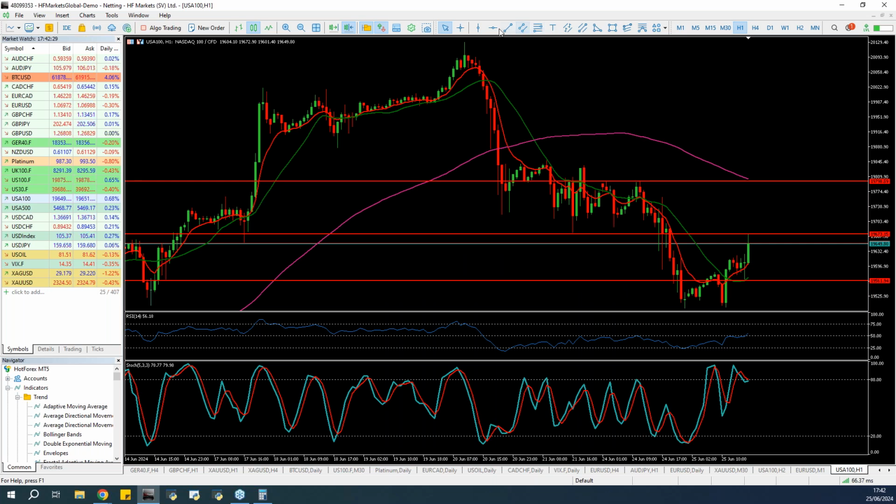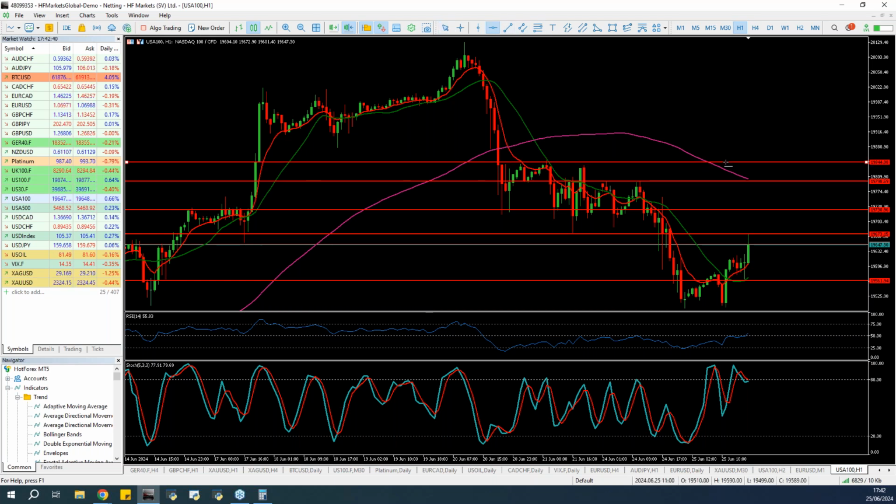Then I may say to myself, at this level here, so I'm waiting for some more momentum, I'll open another 0.25 and I'll put my exit for that second trade here. And I'll put the stop loss for that second trade here. And I keep doing that. So I've split my one lot into four 0.25 lots with different entries at different prices at different times, with different take profits and different stop losses.